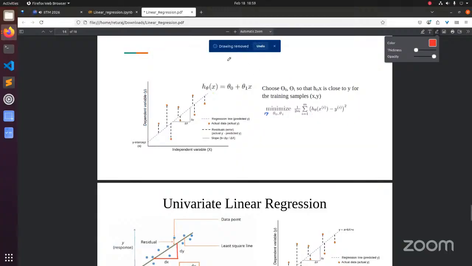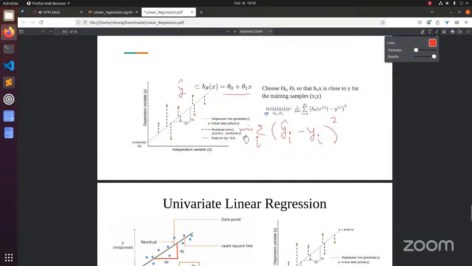Okay, so let's just do one last one. What we want is that for all the data points that we have, we want to find the predicted y hat minus the true y whole square, and minimize this.